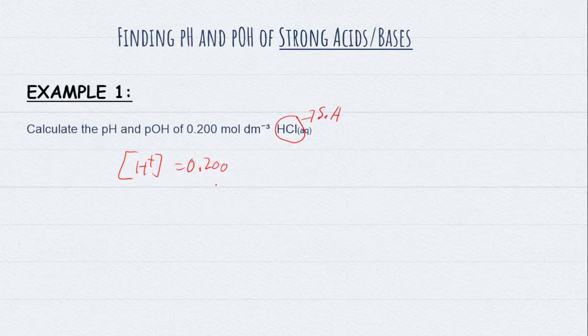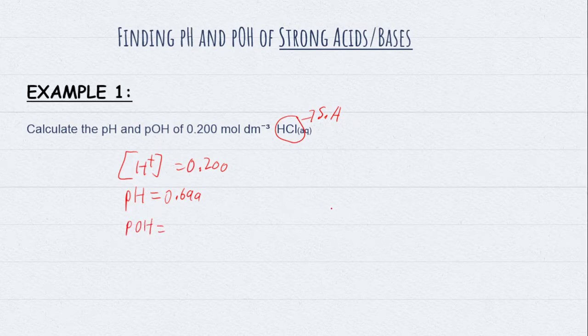Because this is greater than the hydrogen ions produced by the autoionization of water, we can ignore that and just calculate pH, which will then give us, if I'm not mistaken, 0.699. Again 3 significant figures, so I don't want to see 0.69897.